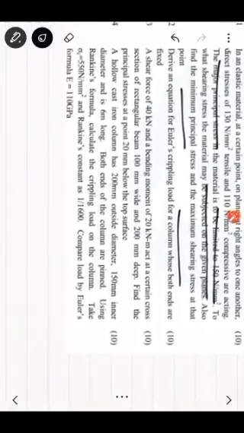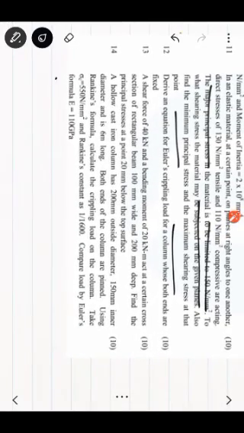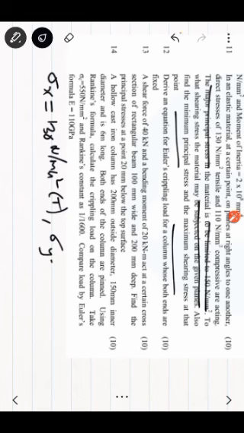They have given direct stress 130, let it be sigma x equal to 130 Newton per mm square, on planes at right angles to one another, and they have given compression, that is sigma y equal to minus 110 Newton per mm square because it is compression, and the major principal stress is limited to 150 Newton per mm square.